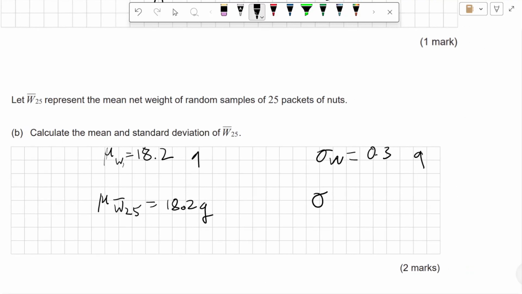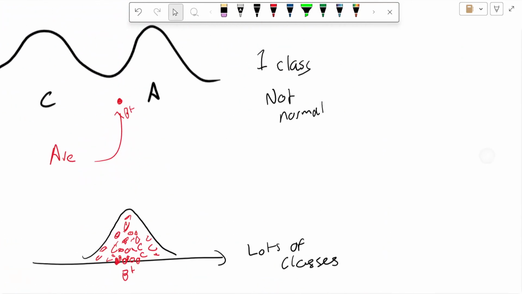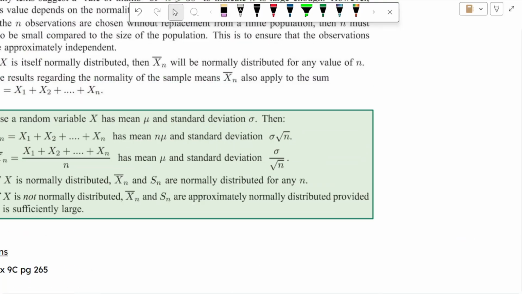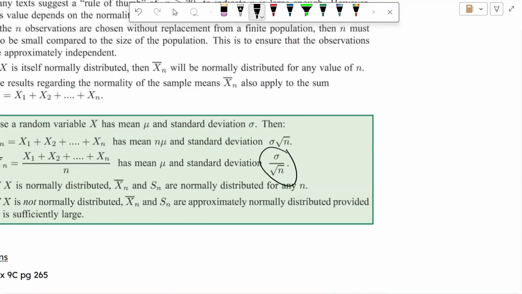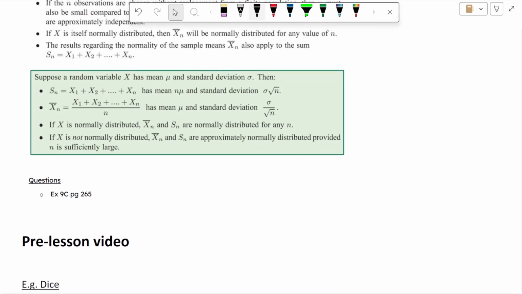And the standard deviation of W bar 25 is 0.3 divided by root 25. That comes from the formula, standard deviation over root n, whatever n is.